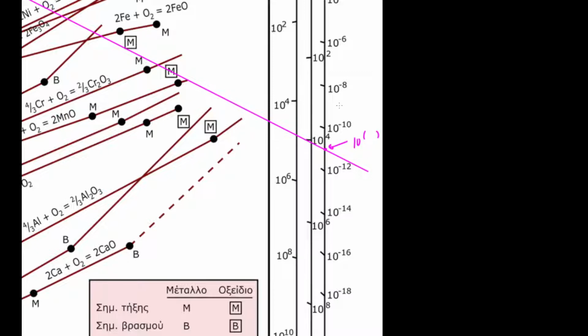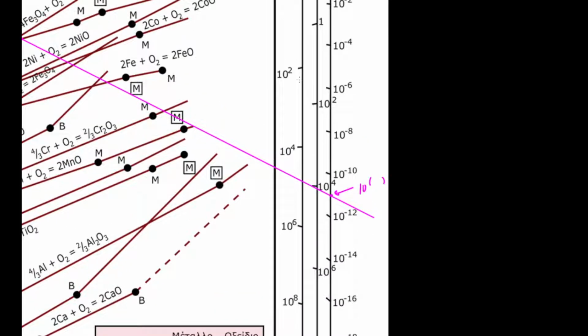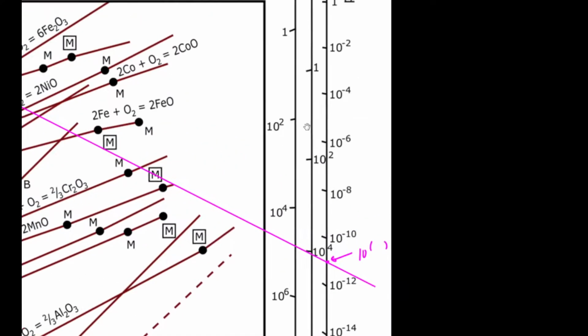So ganun nyo tinitingnan ang mga logarithmic line. Let's say for example ito 10 raised to 2, this is 10 raised to 4. So midway we treat the exponent as linear, so therefore ito 10 raised to 3. Tapos gitna nito is 10 raised to 2.5. This one is 10 raised to 3.5. Tapos kung gitna pa nito, then that's 10 raised to 3.25. So ganun natin tinitingnan ang logarithm.